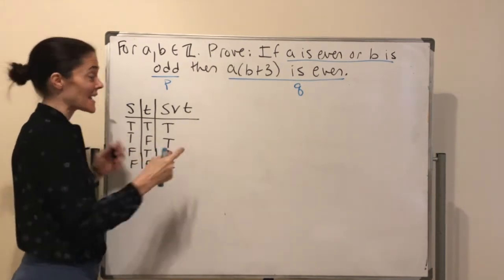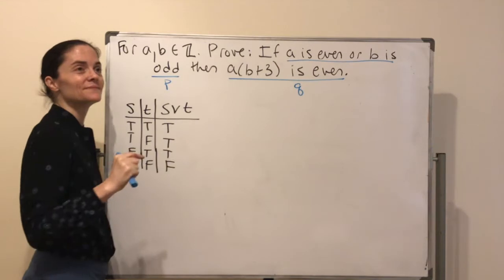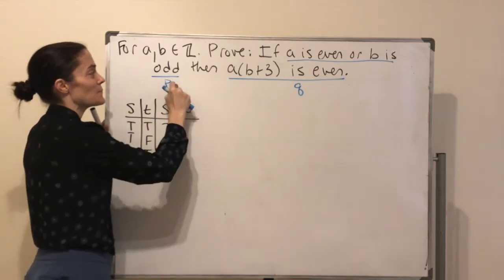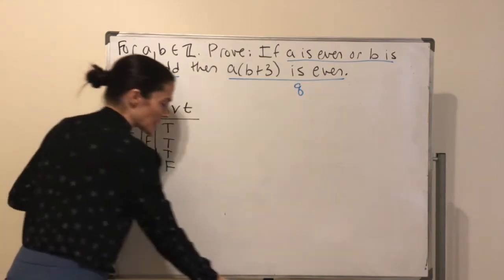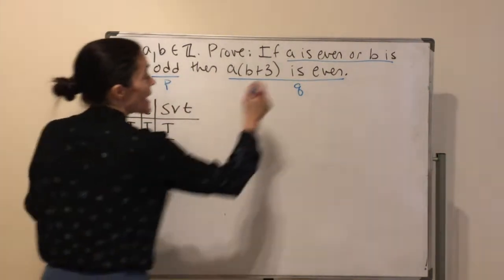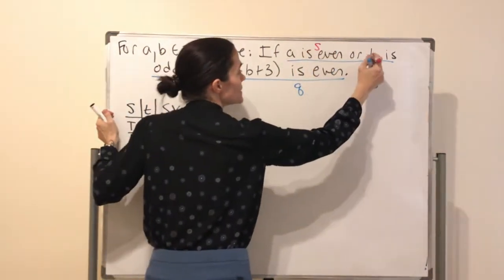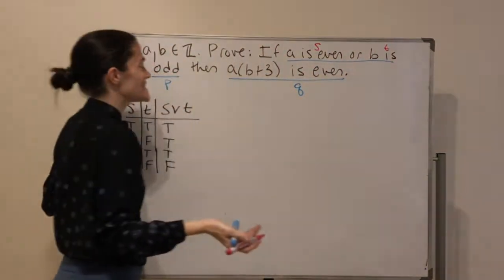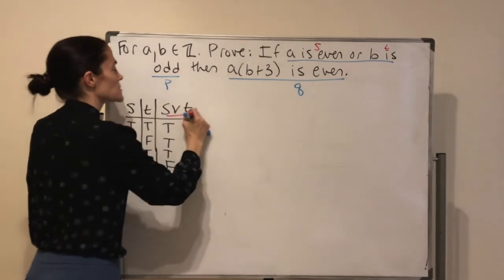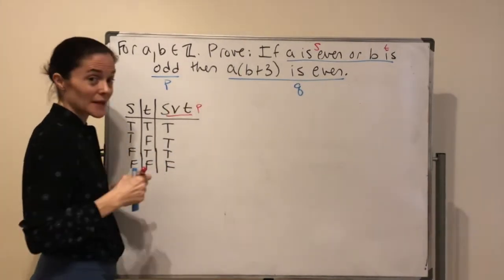Now, if we think about this truth table, and then this P itself is an or, and in my specific example, A is even is the S, B is odd is the T, and then this S or T is my statement P, right?